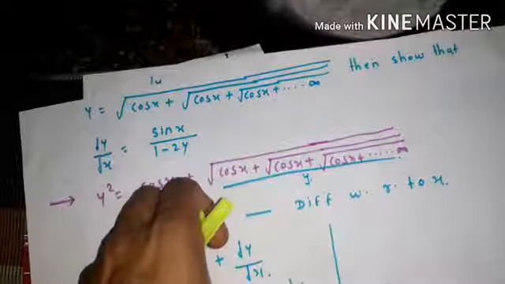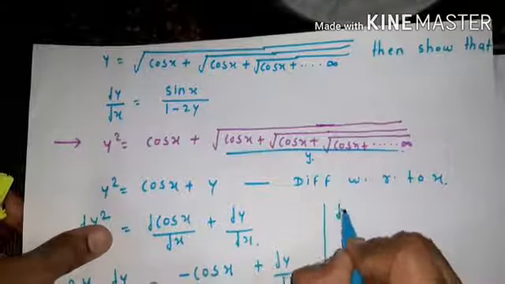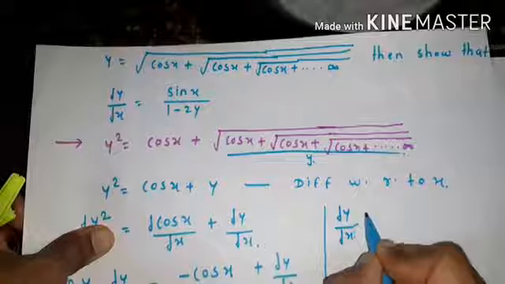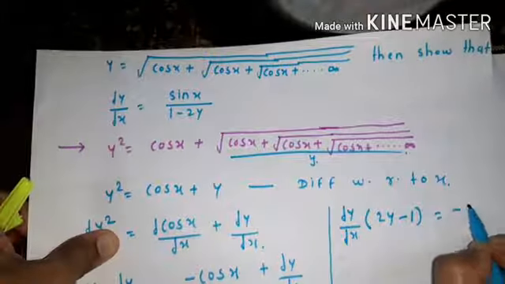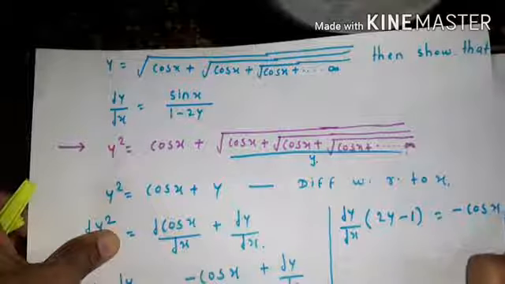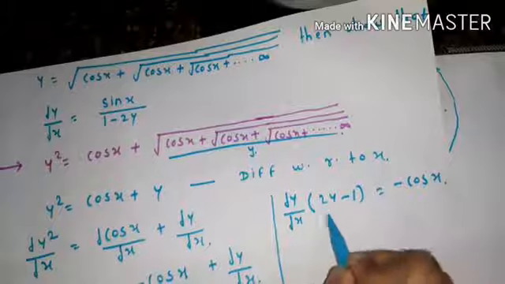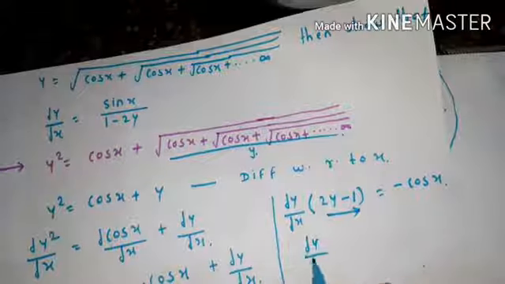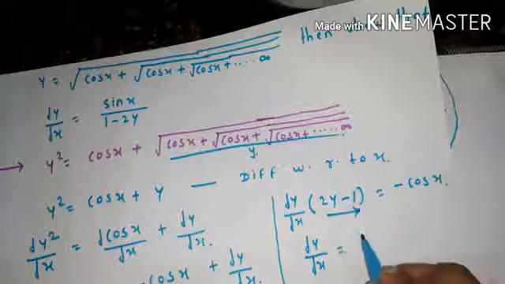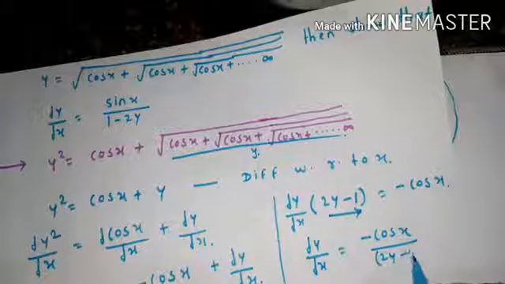Now common out dy by dx at the LHS: dy by dx into 2y minus 1 equals minus cos x. Now dividing, dy by dx equals minus cos x upon 2y minus 1.